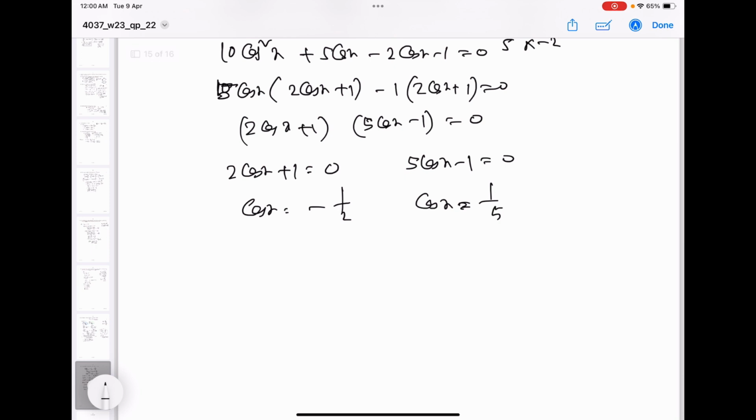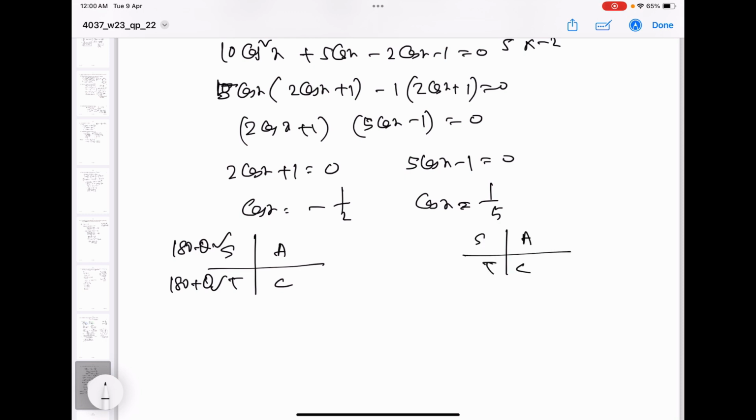Cos x equals minus half. Using the ASTC diagram, cos is negative in the second and third quadrants. In the second quadrant it is 180 minus theta, and in the third quadrant it is 180 plus theta. Similarly, since cos theta is positive, it lies in the first and fourth quadrants.